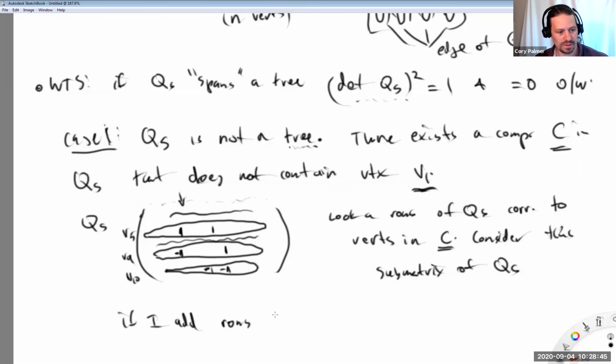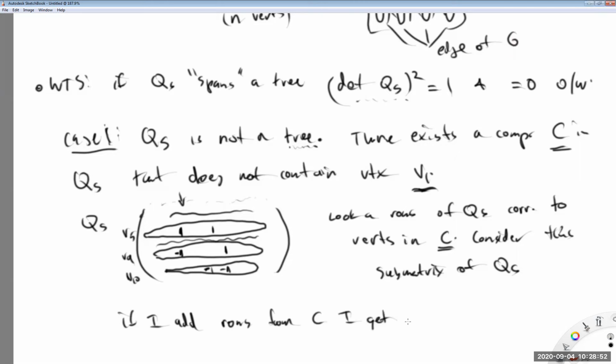If I add the rows from C, what do I get? What does that row look like if I add up all those rows together? Yes, 0. I get a row with a bunch of zeros because the 1 and -1 will cancel. That's why I introduced the -1s in Q, so that this could happen.